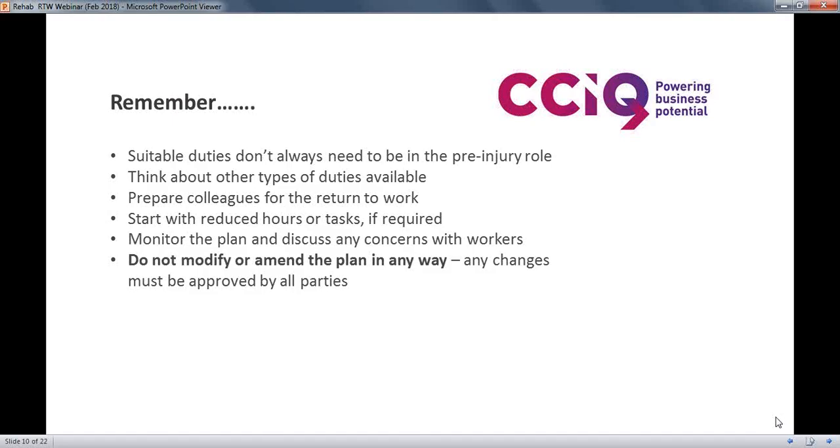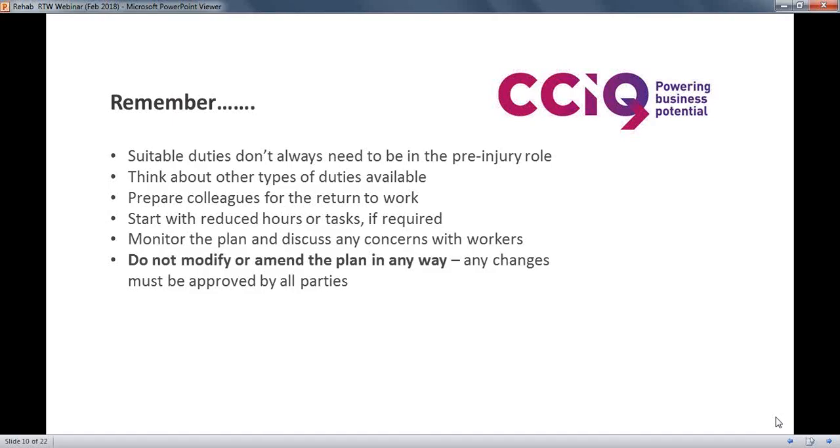And at the end of the day, there is a legal obligation. If you cannot provide suitable duties to an employee, then you notify WorkCover in writing of that. And WorkCover will then work with the employee to find host employment.